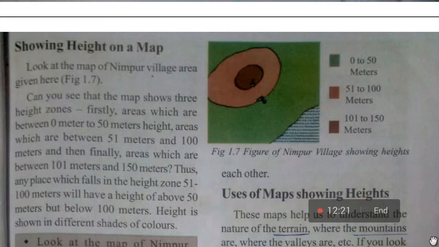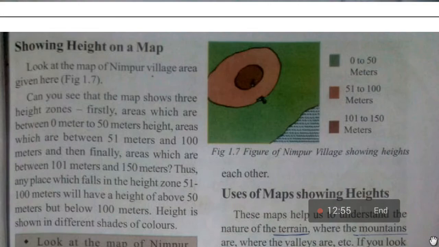And if you see the light brown color, it is showing the 51 meters to 100 meters height zone. The dark brown color is showing the height between 51 and 100 meters.